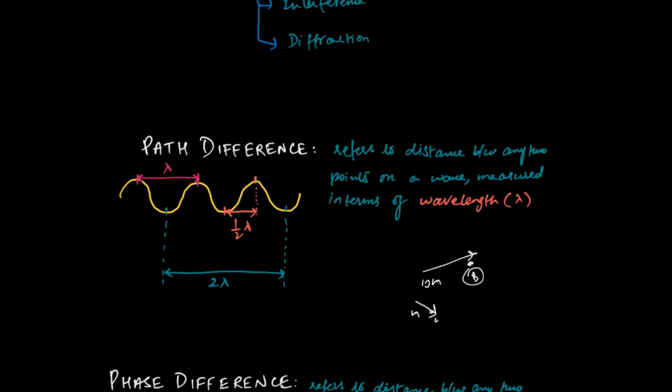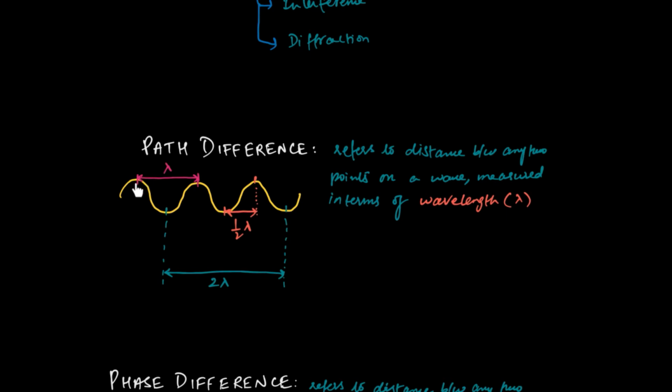So the path difference also basically refers to the distance between any two points, like I said, point A and point B. So any two points, but on a wave, and they are measured in terms of wavelength. So basically, if we take a crest and a crest, we know that between a crest and a crest is a distance of one wavelength.